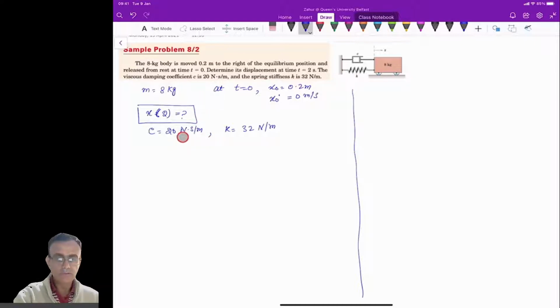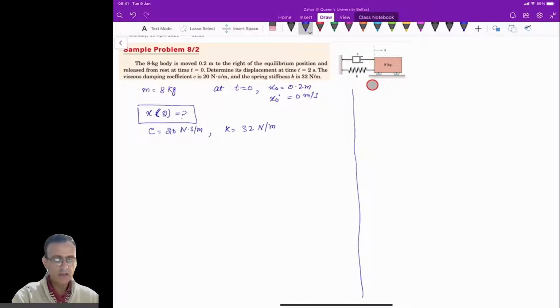These conditions are given, and you need to calculate the displacement of this system when time is equal to 2 second. To find the solution of this system, first we need to find out which type of damping is here. Is it critically damped, is it over damped, or is it an under damped system?